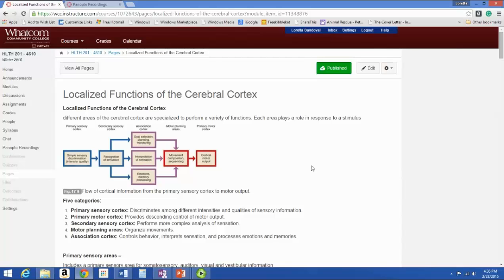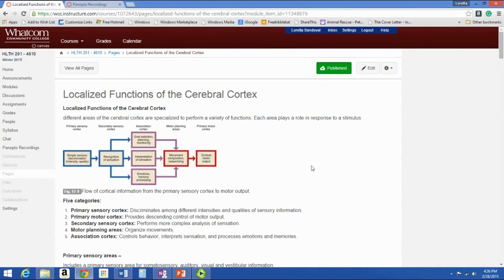The secondary sensory cortex recognizes that sensation and then passes it on to the association cortex, which performs interpretation. It processes it with regard to emotions and memory, and goal selection, planning, and monitoring. So the association cortex does a lot.